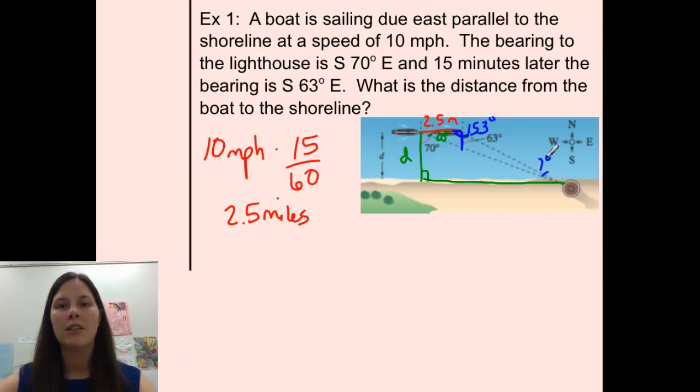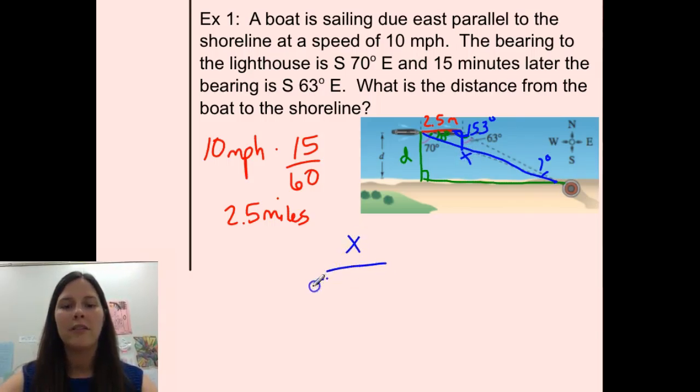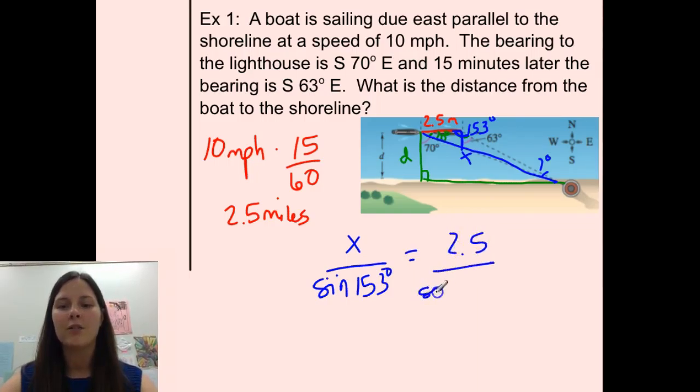Then we can set up our law of sines to solve for the hypotenuse in the right triangle so that we can use SOHCAHTOA to find the distance. I'll call this x, that is across from the 153-degree angle. So we have x over the sine of 153 degrees equals, and then we know the 2.5 miles, and that is across from the 7-degree angle.